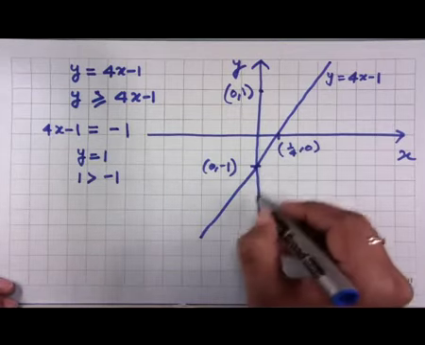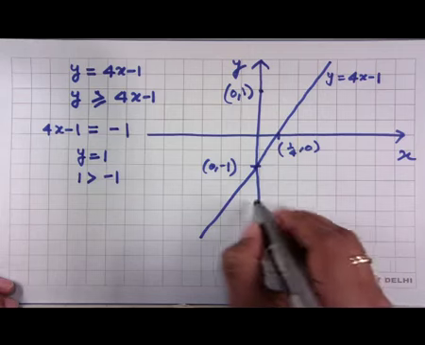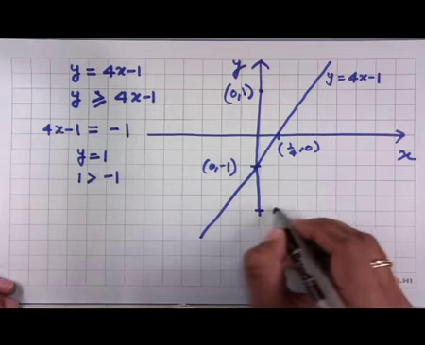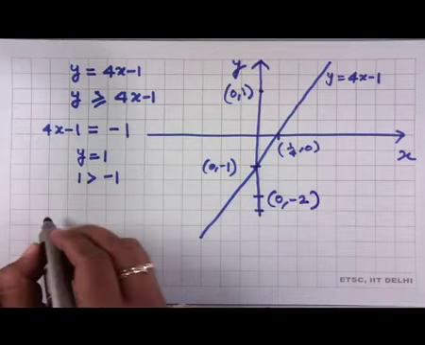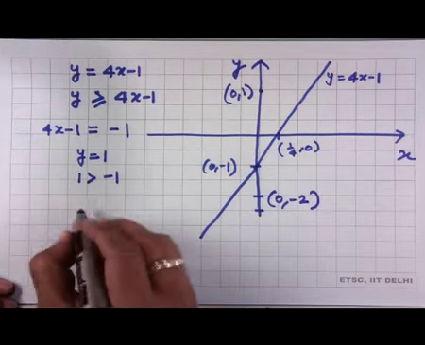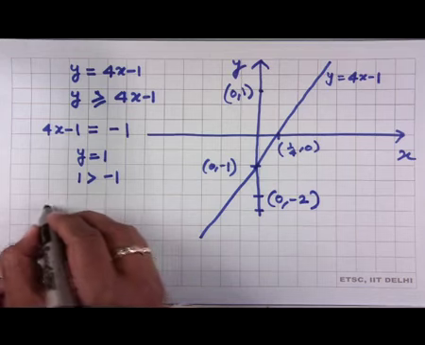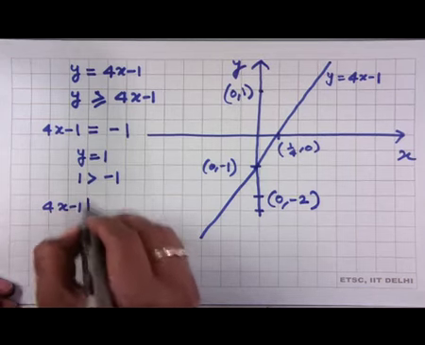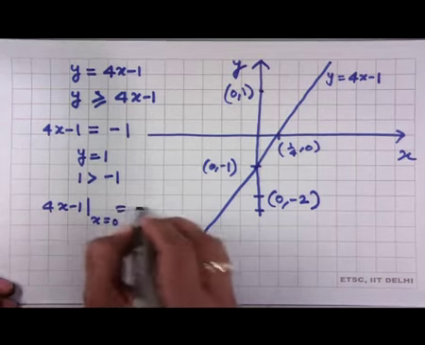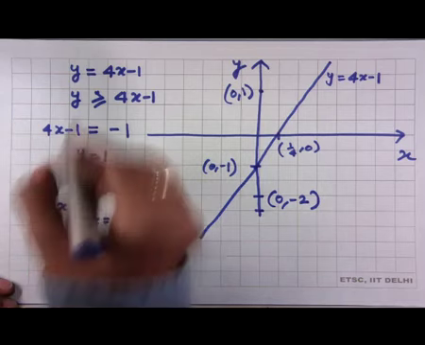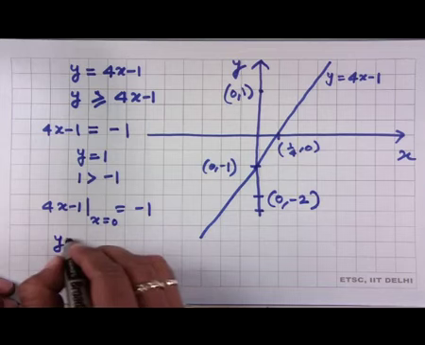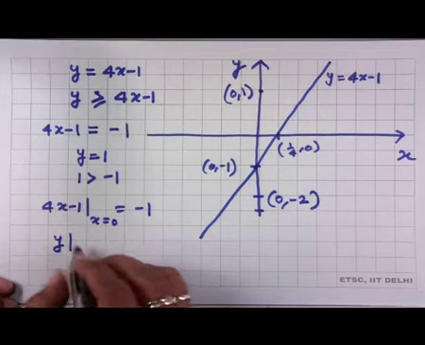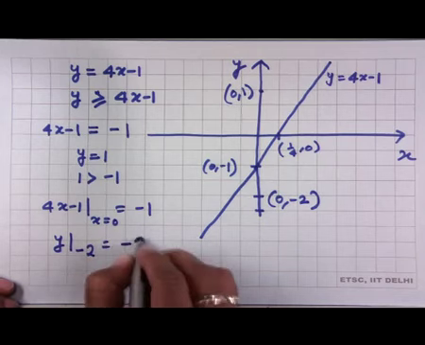Now, if you take any point below this line, say you take 0 comma minus 2. So, 4x minus 1 at x equals to 0 is again minus 1 and y is minus 2.